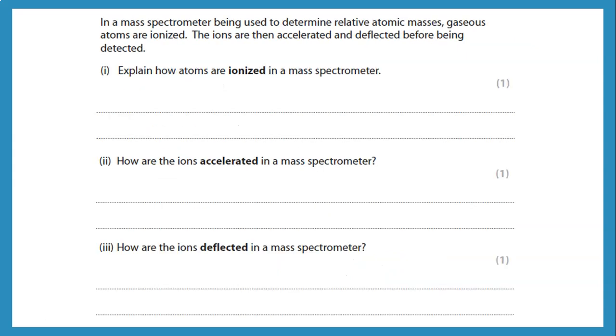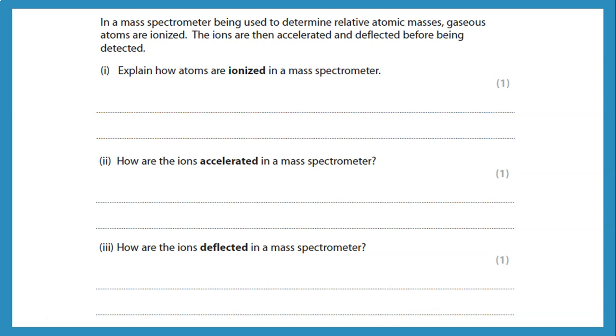In a mass spectrometer being used to determine relative atomic masses, gaseous atoms are ionized. So again, let's remind ourselves. Explain how atoms are ionized in a mass spectrometer. Do you remember that?